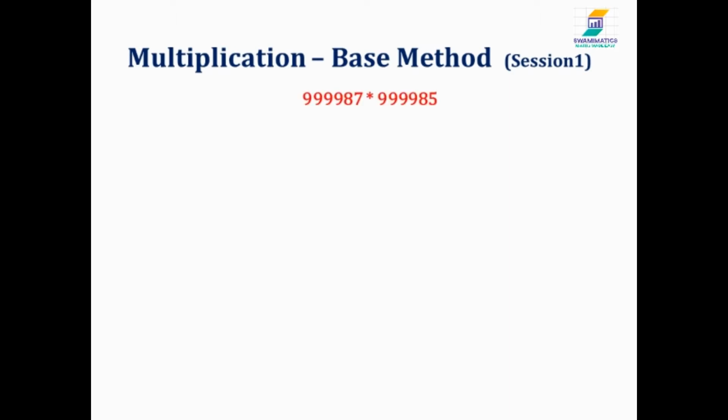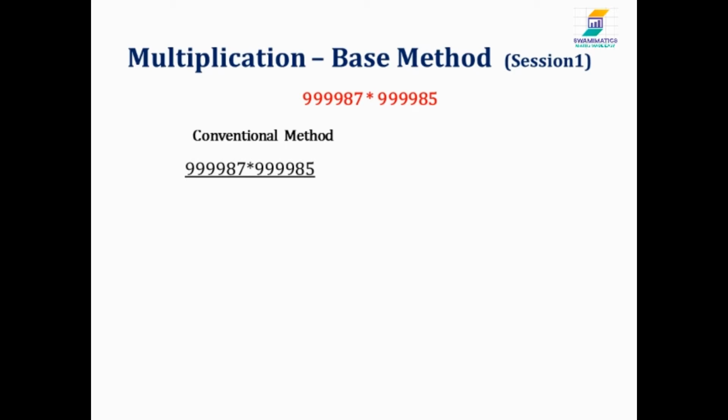What do we do in a conventional method of multiplication? Let us take a 6-digit number, right? When you do it in a conventional method, you call it a multiplicand and a multiplier, and here the numbers are 9999987 and the multiplier is 9999985.